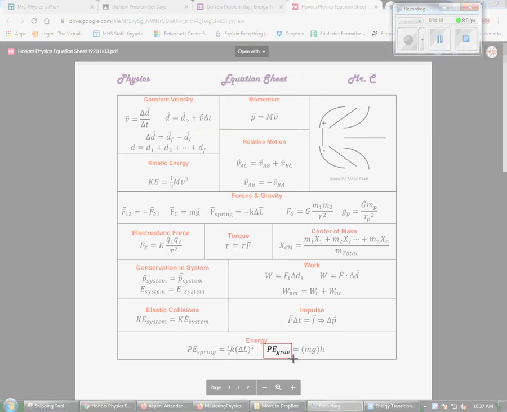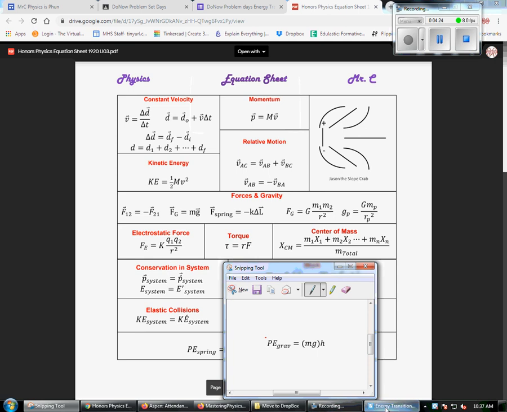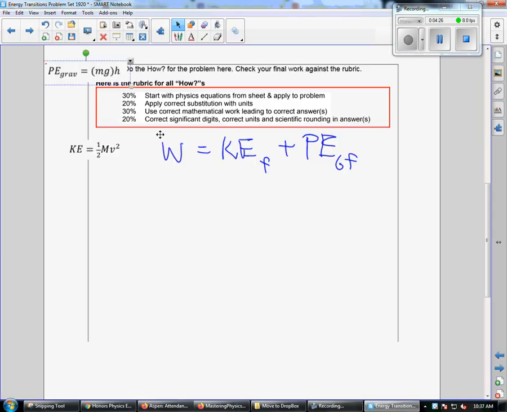Grab that from right down here at the bottom of the sheet. Alright. And so the work that's done on it is the change in the mechanical energy. So that's actually what I'm solving for. So now I can start substituting in.